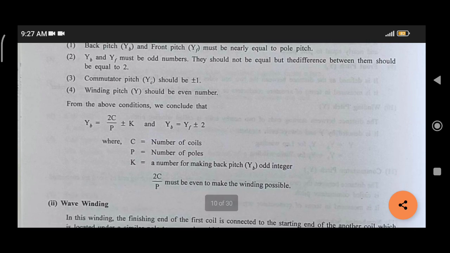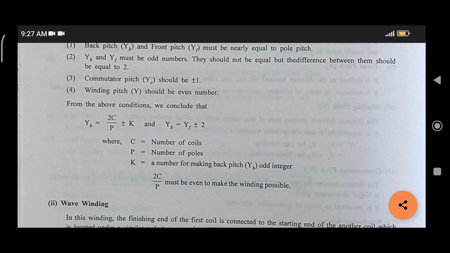Now, what is the formula for YB and YF? YB is equal to 2C by P plus or minus K, where C is the number of coils, P is the number of poles, and K is a number that makes YB an odd integer. Here we have the condition that YB should be an odd number.